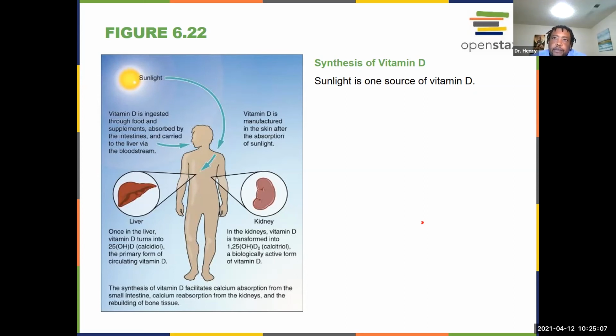We can also get it from food, like milk, and vitamins. But the amount that we get from supplements isn't as much as what we would get from the sun, and your body provides it entirely.